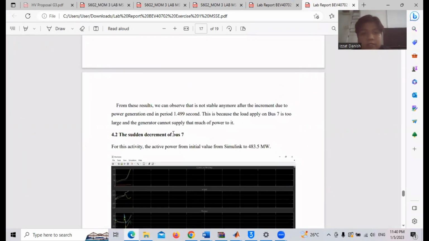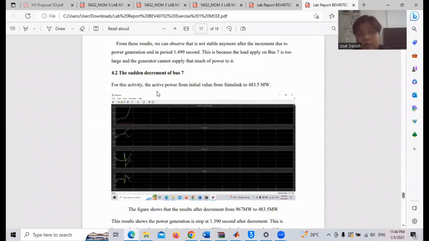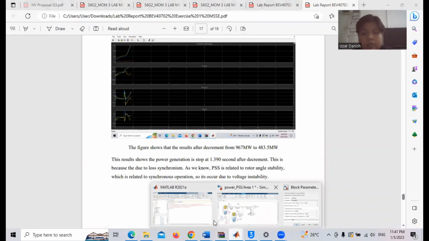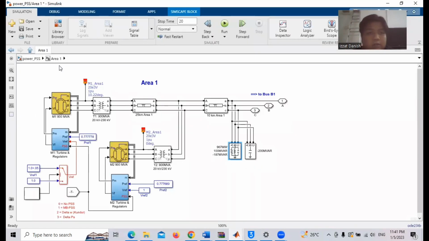For the sudden decrement, our group decreased the value from 967 million watt to 483.5 million watt. So we will try to run it to see whether it is okay or not.